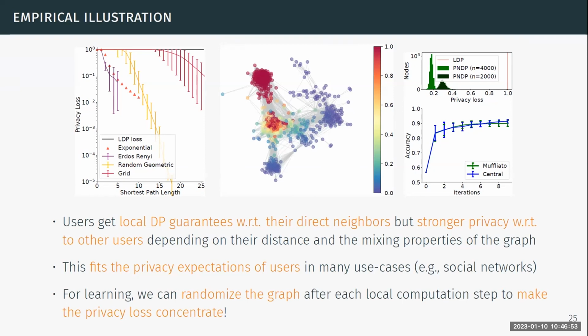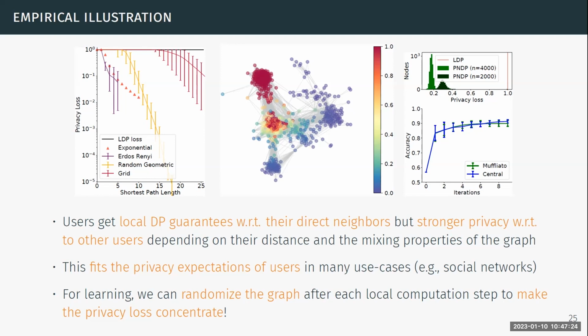In particular, if you randomize the graph after each local computation step in decentralized SGD, so you compute a gradient, and then you do gossip over some graph, then you compute another gradient, and then you randomize the graph, so you change the neighbors. If you can do that, then it's nice because you can make the privacy loss concentrate more. So instead of having a high loss to direct neighbors and a small loss to people that are far away, since you randomize, you are making things more uniform, and so it looks like this, right?